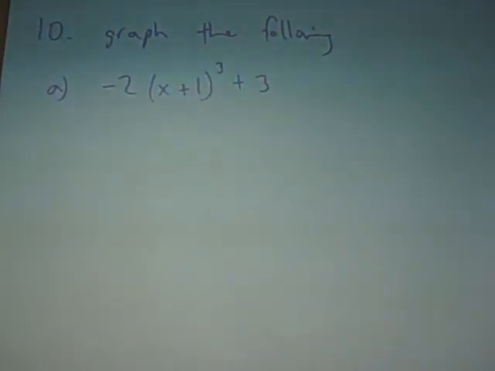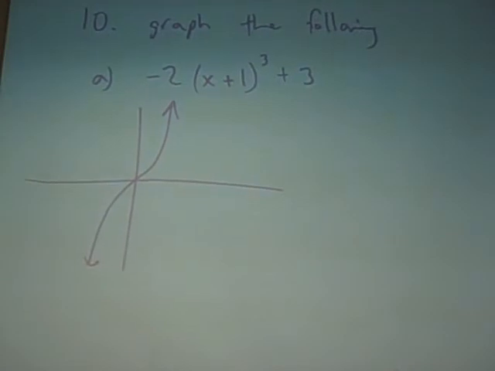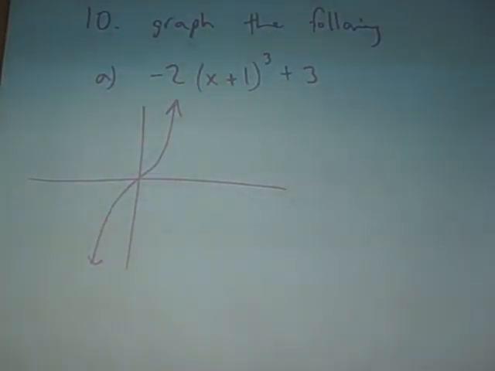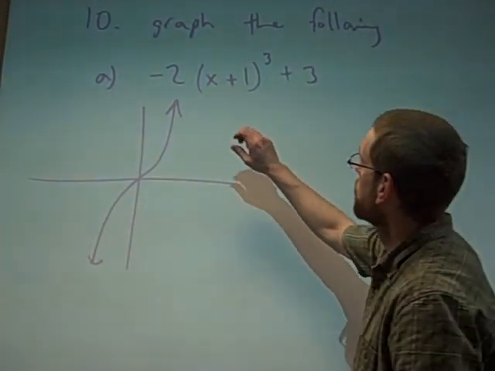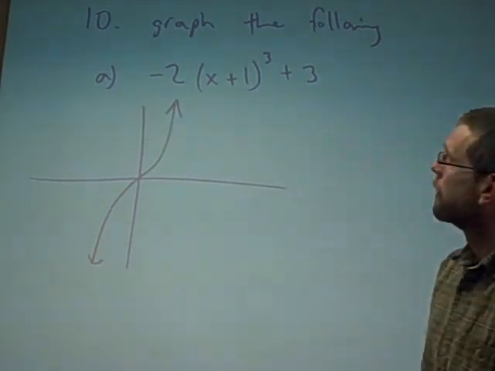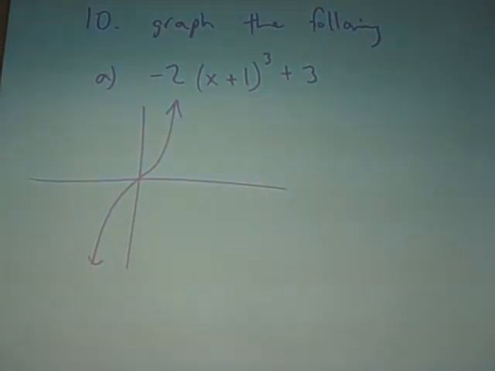Number 10, we want to graph the following. Going step by step. If we just look at the cube function, this is the cube function. Okay? If we multiply that by negative 2, well, the negative means it's going to flip upside down, and the 2 is going to stretch it, which it's hard to draw that.